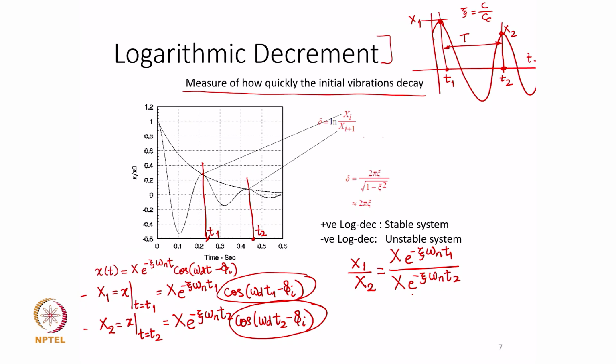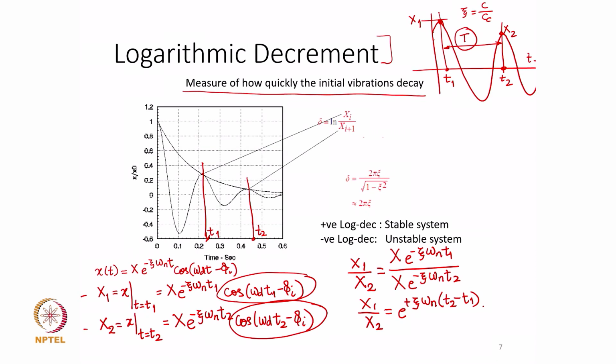So, I can write this x 1 over x 2 as e to the power minus zeta omega n, what is that, t 1 minus t 2. So, I can use this as t 2 minus t 1, is it not? So, what is t 2 minus t 1? It is this capital T.